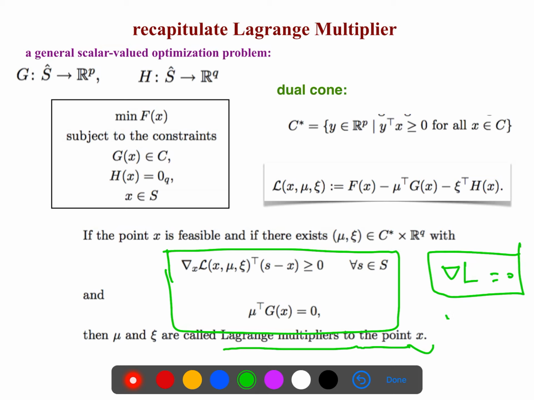And that's why it should be greater than or equal to 0, if the inner product between the gradient of the Lagrangian with respect to x and the vector is greater than 0.